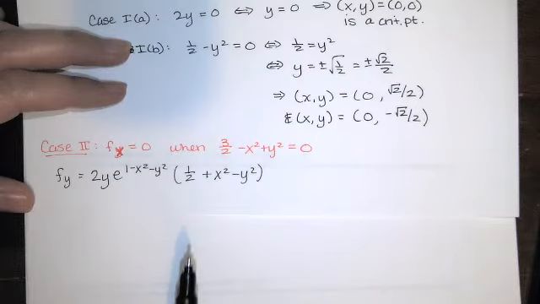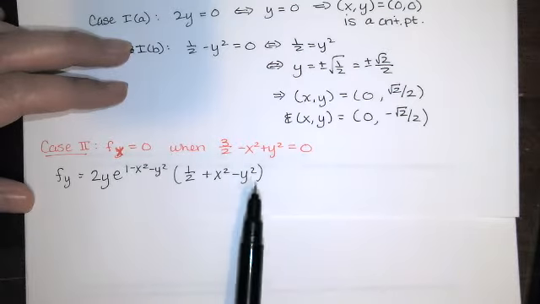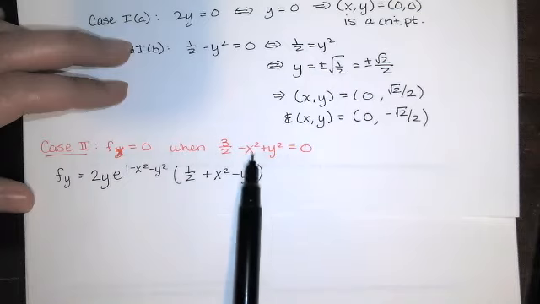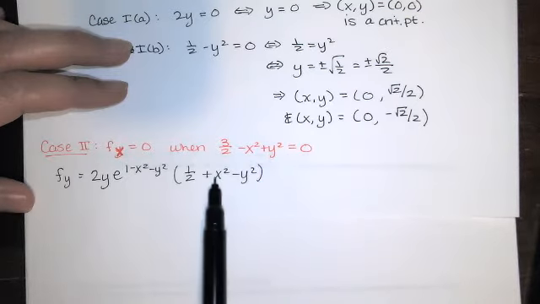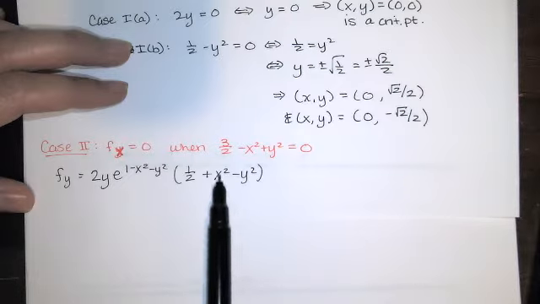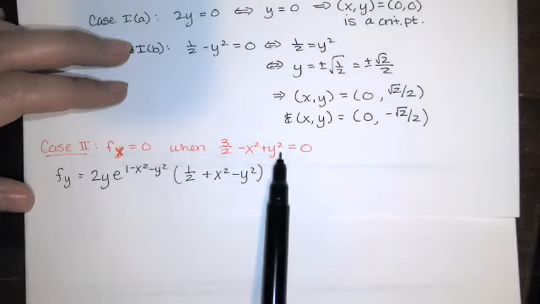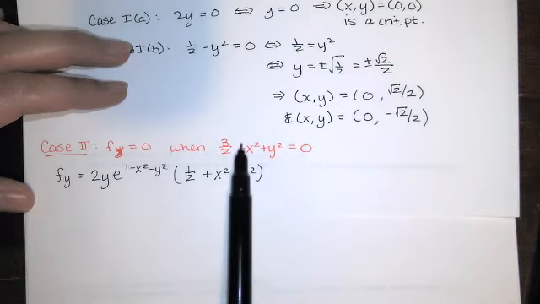Actually, you can. And the reason why you can is because this equation involves a negative x squared plus y squared, and this equation involves an x squared minus y squared. Do you see the relationship between that and that? If I take this and I multiply it by -1, I get that.